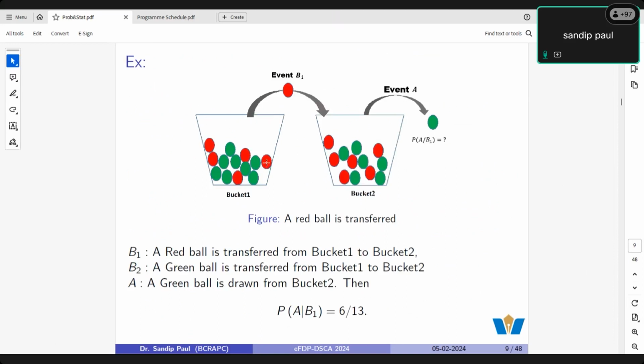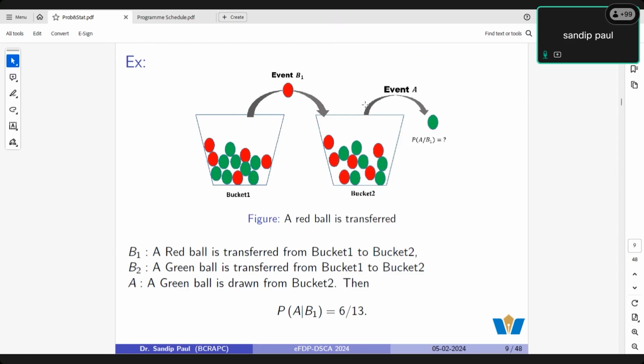The first bucket contains 5 red balls and 8 green balls, and we are transferring a ball from the first bucket to the second, which already has 6 red balls and 6 green balls. If we transfer a red ball from the first to the second, then the number of red balls will be increased by 1 and will be 7, and the green balls are 6. That means a total of 13 balls are there in the second bucket.